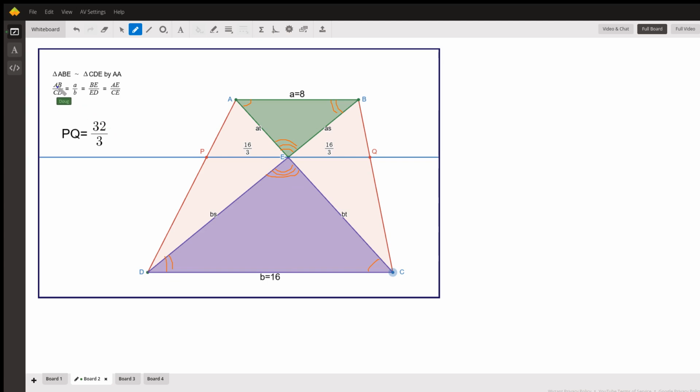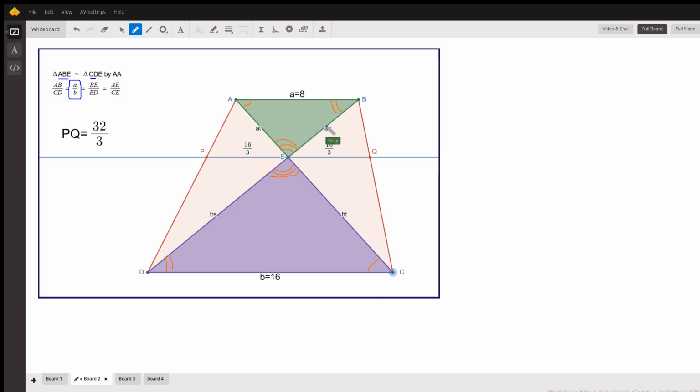And that means that AB is to CD, as BE is to ED, as AE is to CE. They all have the same ratio, and that ratio happens to be A to B, because we're letting A equal the length of AB, little b equal the length of CD.